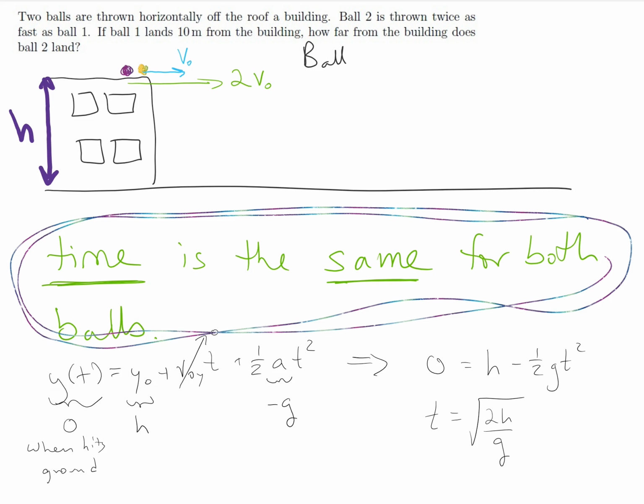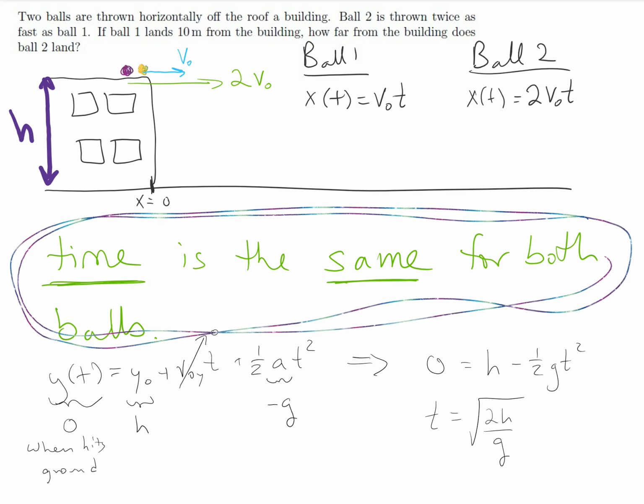So for ball 1, we can say x of t equals v naught t, right? This is true because there's no acceleration. We'll say that they both start at x equals 0. And for ball 2, it's just going twice as fast, so we say x of t equals 2 v naught t.